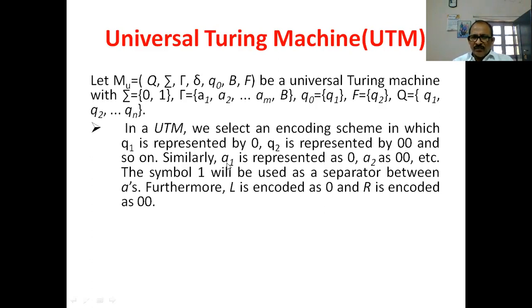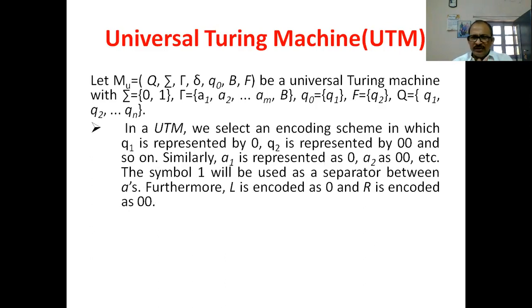Similarly, A1, the input symbol, is represented by 0, A2 is represented by 00, and so on. The symbol 1 will be used as a separator between the A's, the input symbols. Left is encoded as 0 and R is encoded as 00.